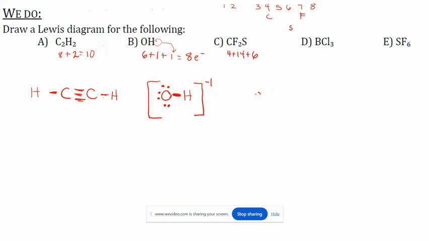Carbon. Fluorine can never have more than one thing attached to it under any circumstances. So you're not going to put fluorine in the center because nothing can come off of it except one thing. All right, so I'm going to put carbon here. Then I'm going to put my fluorines out, and I'm going to put my sulfur out.